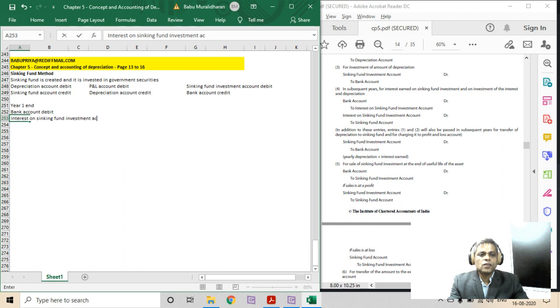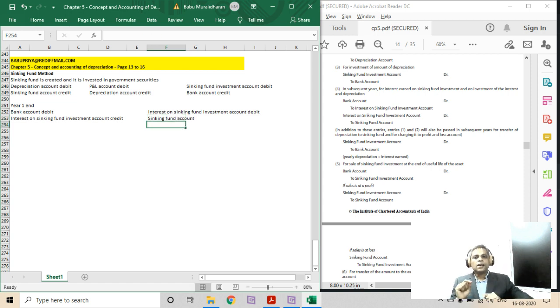Then interest on sinking fund investment account debit, and it is transferred to the sinking fund account, because it will be reinvested in the next year along with the depreciation for the next year. So sinking fund investment account debit to sinking fund account. This entry will continue year on year, right?